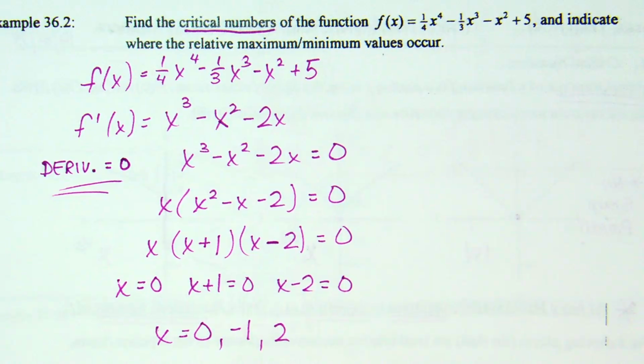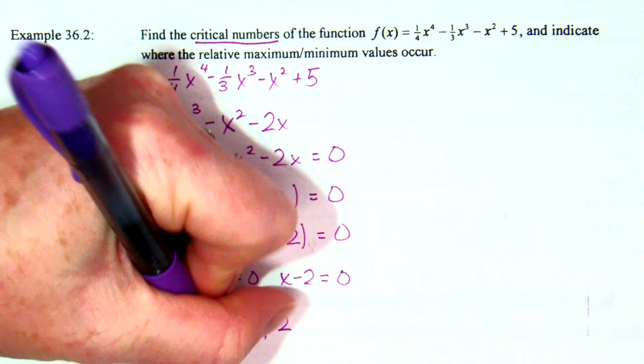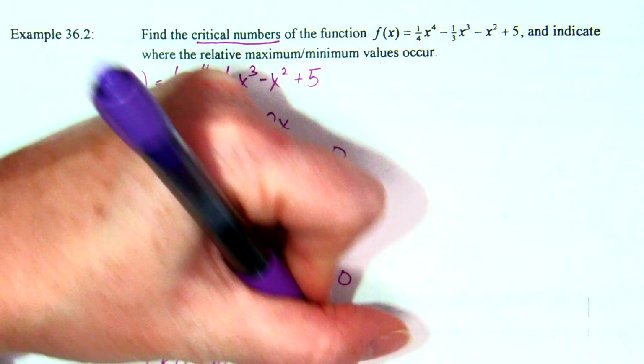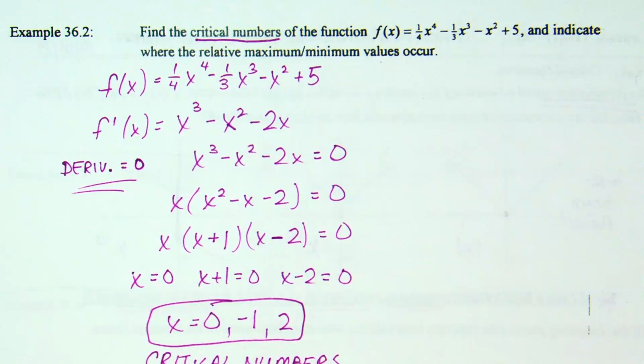These are your critical numbers. Okay. What is plugging them back in for me going to do? Yeah, give you your y values to go with them. And so then you will actually have the max min.